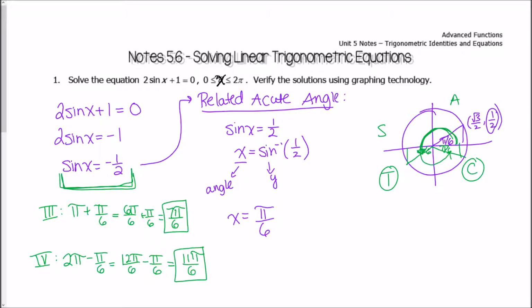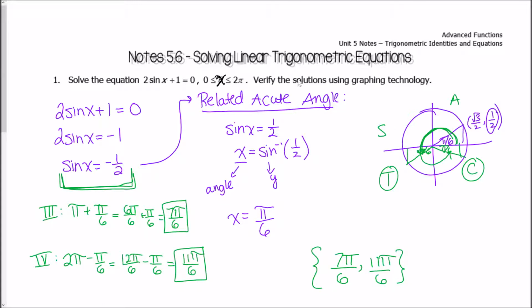Those are what x is going to be. So my two solutions are 7 pi/6 and 11 pi/6 in this interval. Remember, if we have all real numbers for our interval, we'll have infinite solutions, and this would just be plus 2 pi n, and this would be plus 2 pi n because it's repeating every 2 pi.